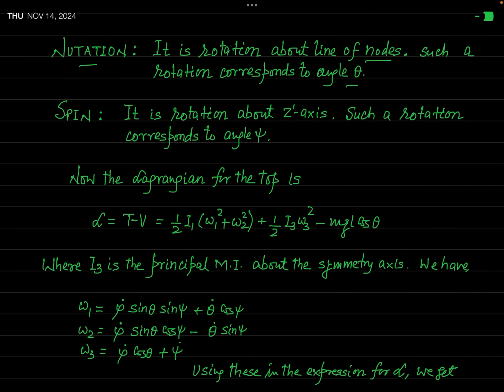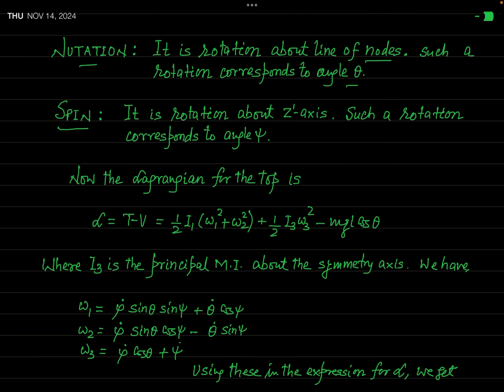Now, the third motion the top executes is called a spinning motion. Okay, in the very beginning I have told you that we consider a spinning symmetrical top. Okay, and what is this spin? Don't confuse this spin with the quantum mechanical spin. Classical spin is associated with motion, but quantum mechanical spin is an intrinsic property of a particle that is not associated with any motion.